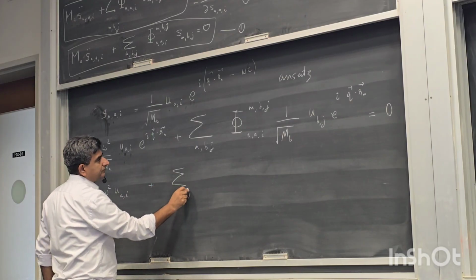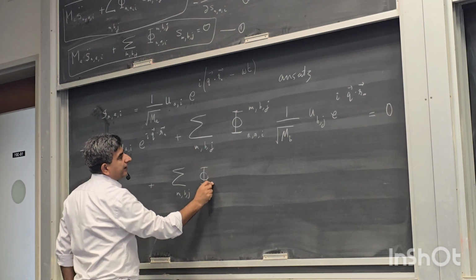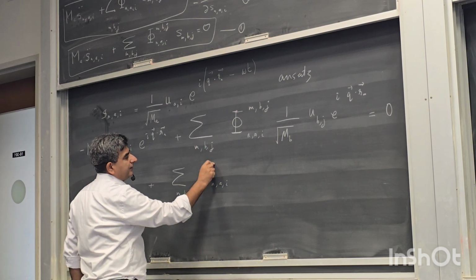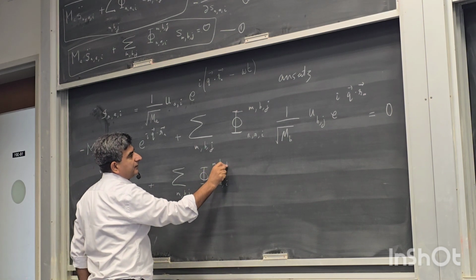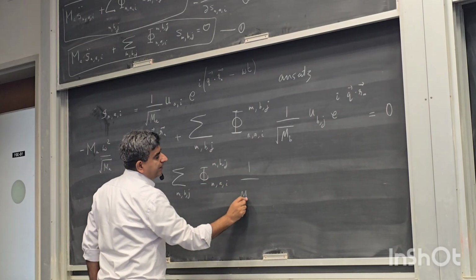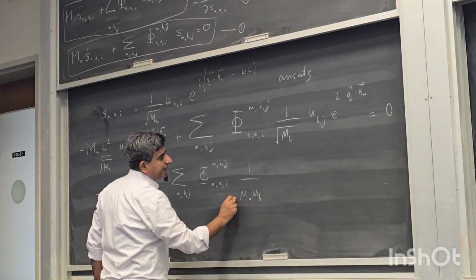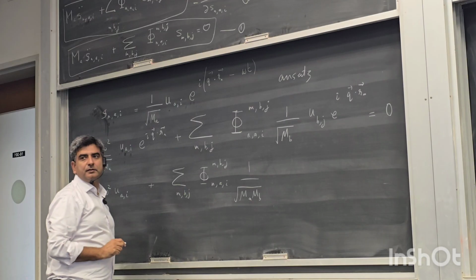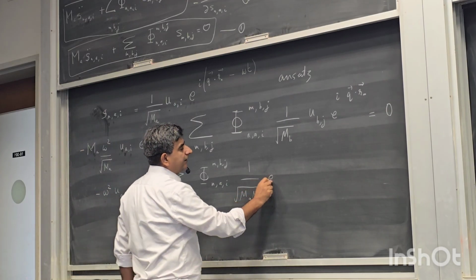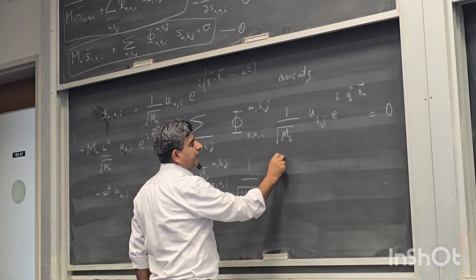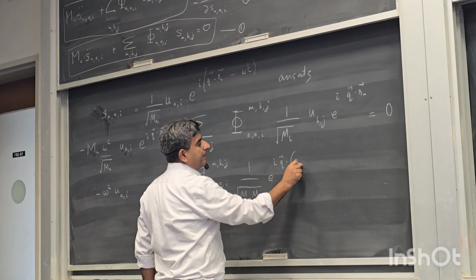MBJ, phi NAI, MBJ 1 over MA MB2, right? EI Q dotted with Rm.